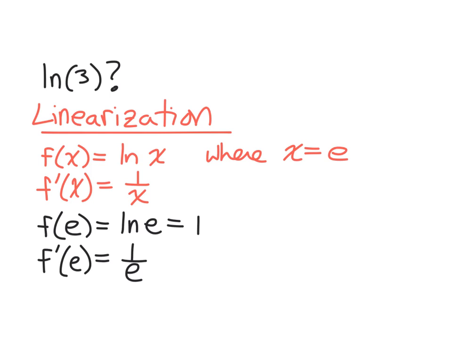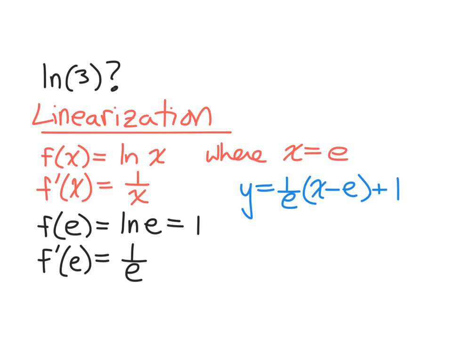So my linear approximation, I like using y, would be y equals 1 over e times x minus e, plus 1. So now, since I'm looking for ln of 3, and we know that for values close to e, this line is a good approximation of f of x equals ln of x, meaning if I were to graph f of x equals ln of x and this function, for values close to x equals e, they would look indistinguishable from one another.